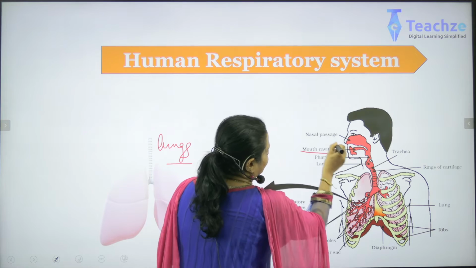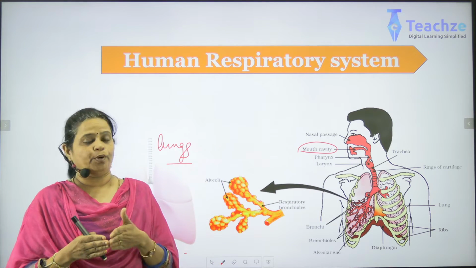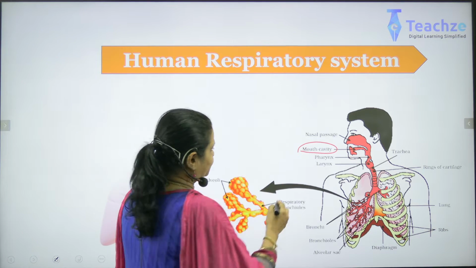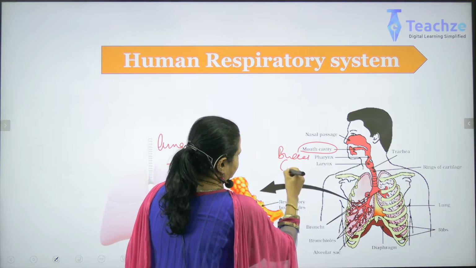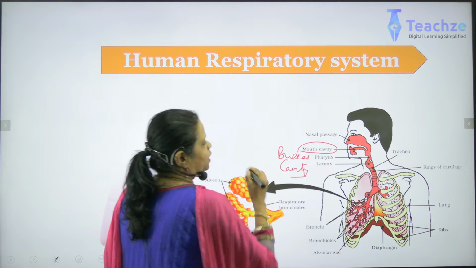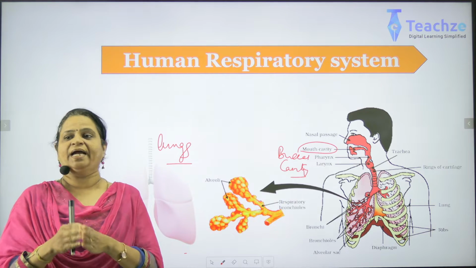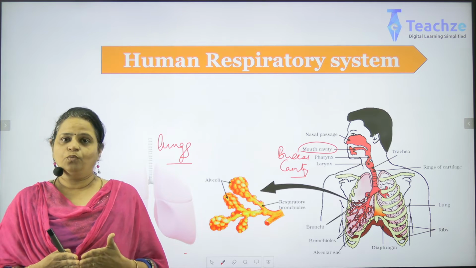When we spoke about the digestive system, we said there is a common point between the digestive and the respiratory system. The common point will always be the mouth cavity, otherwise given as the buccal cavity. Now, what was the structure I gave in the last session that divides the respiratory system and the digestive system? What is that particular part?